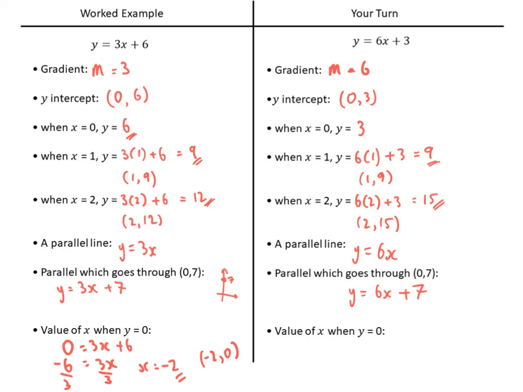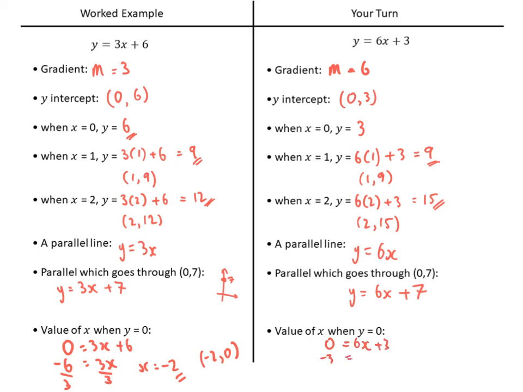The value of x when y equals 0, the fact the 6 and 3 are in a different place means that this answer here is going to change. So I'm going to make y equals 0, and I'm left with 6x plus 3 on the right.